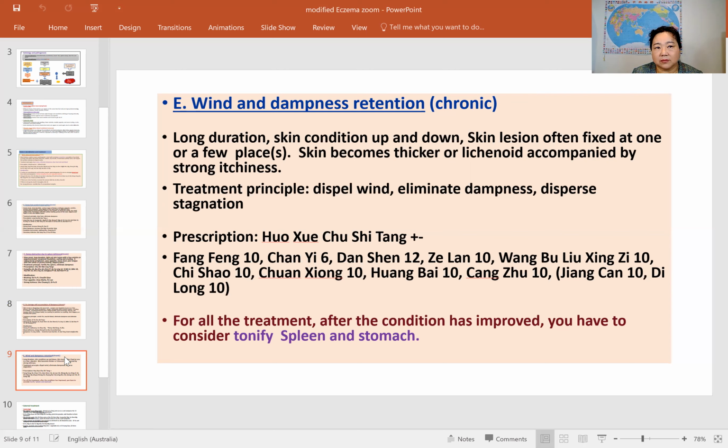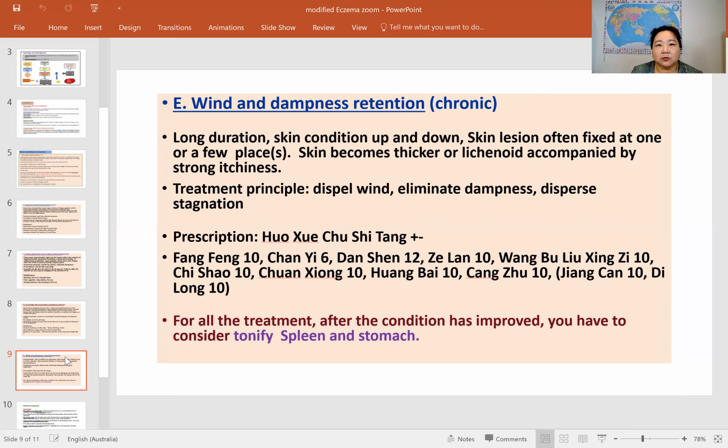They stop coming to see you when they have just small patches of skin lesion left. They said they can deal with it by themselves, but you have to tell them the patient need to take a slightly longer formula to consolidate the result.